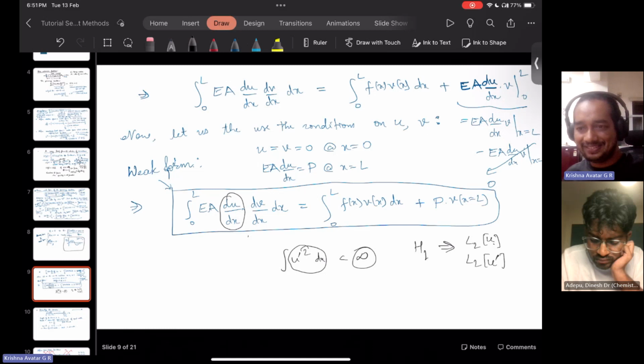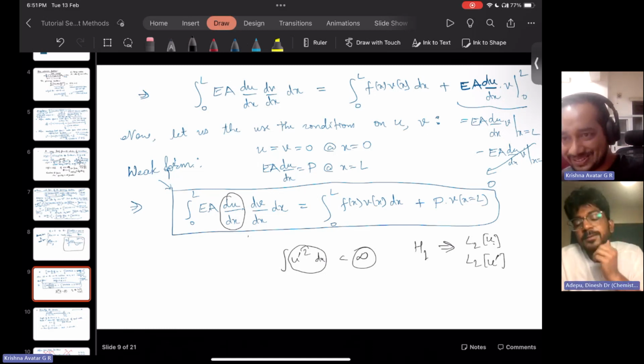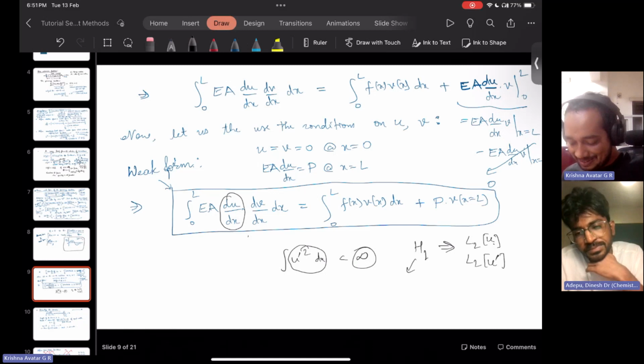Ideally, the Hilbert space only says that our inner product should exist. So H1 is what we call a Sobolev space. The Sobolev space we define as W^(1,p), so it is nothing but W^(1,2).